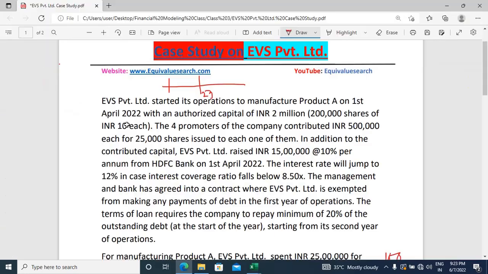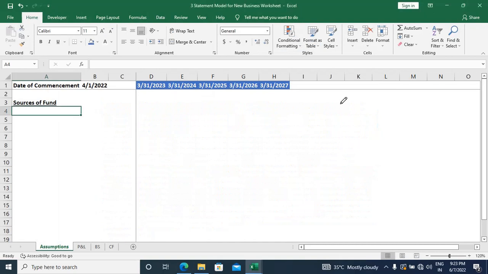Now, what is being contributed to the company is the equity share capital, right? So write it down: equity share capital. So how much is going to be the equity share capital's amount? I am leaving this column intentionally because we will use this column later on.